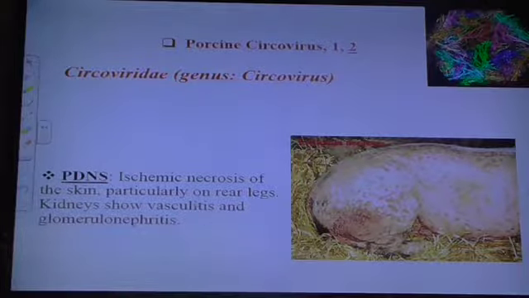The other syndrome involves infection or necrosis of the skin. It causes ischemic necrosis of the skin, particularly in the legs. But it can also involve the kidneys, showing glomerulonephritis, as well as the white foci that I talked about before.